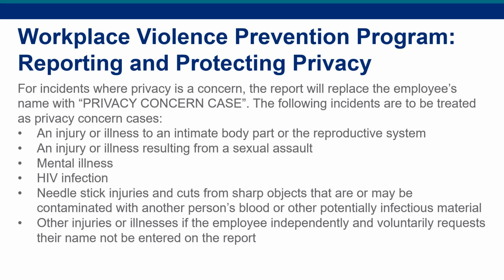The following incidents are to be treated as privacy concern cases: an injury or illness to an intimate body part or the reproductive system, an injury or illness resulting from a sexual assault, mental illness, HIV infection, a needle stick injury, or cuts from sharp objects that are or may be contaminated with another person's blood or other potentially infectious material.